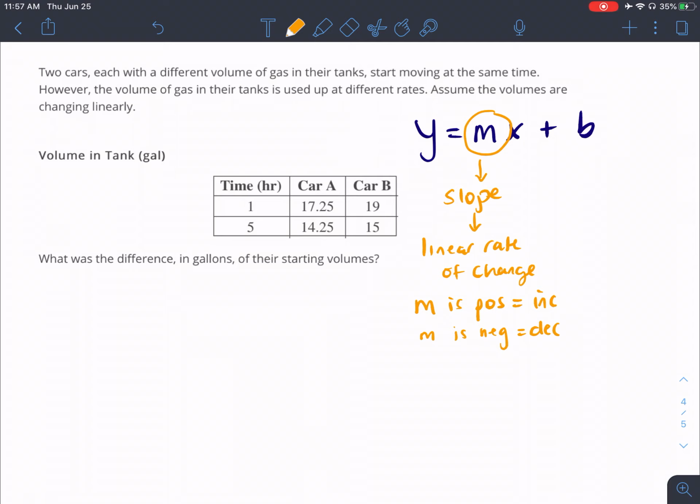Notice that for car A, the amount of volume of gas went down, so that is a decreasing rate. So when you're looking at these word problems and you get a slope, just make sure that you refer back to what it's modeling and see if it makes sense. Okay, and we'll do that in this one here.